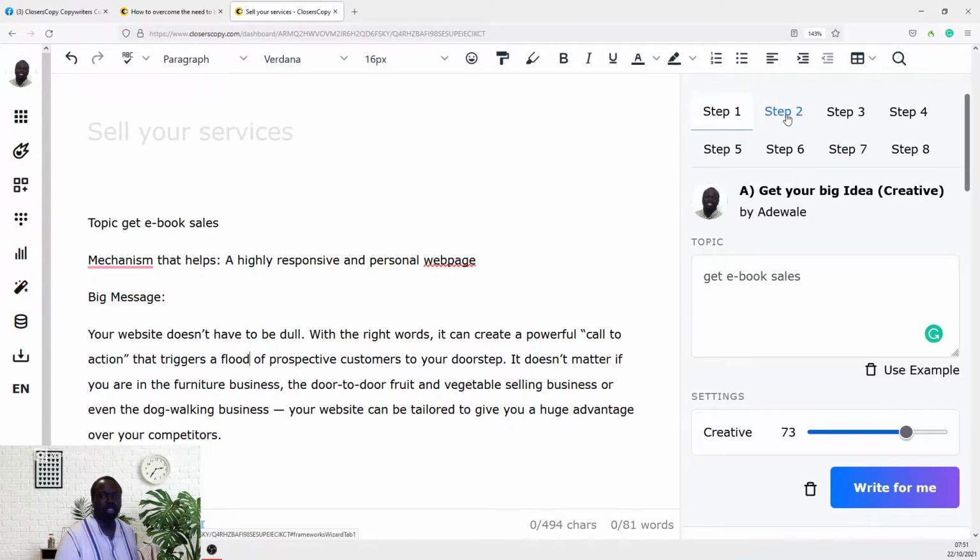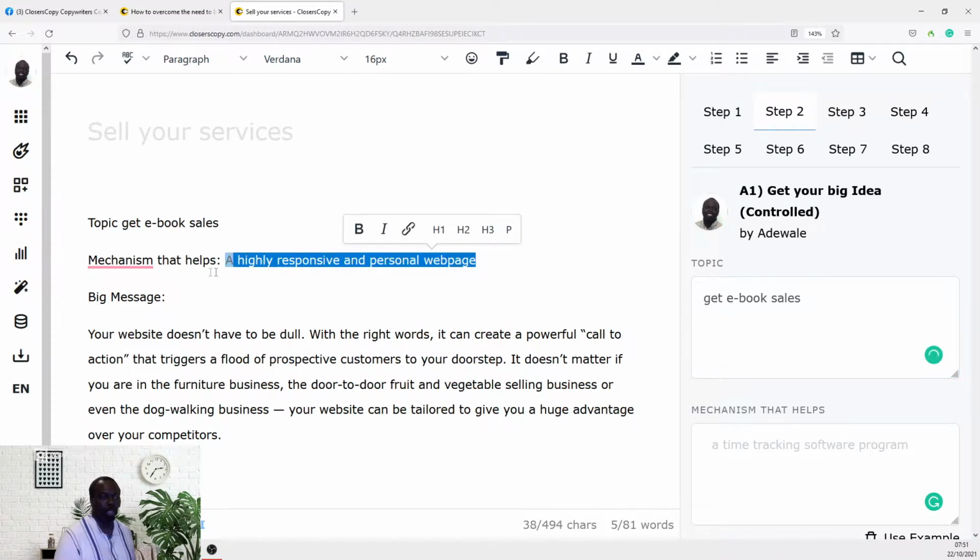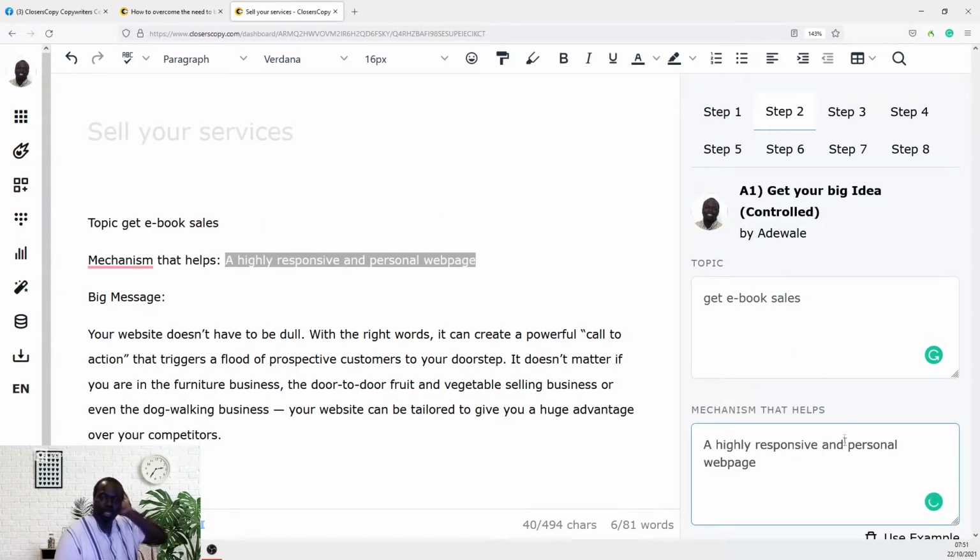So next step is if you already have your topic and the mechanism that helps. So we could use this topic, which is to get ebook sales, and this is the mechanism that helps. So what it does is it takes your topic and the mechanism that helps.